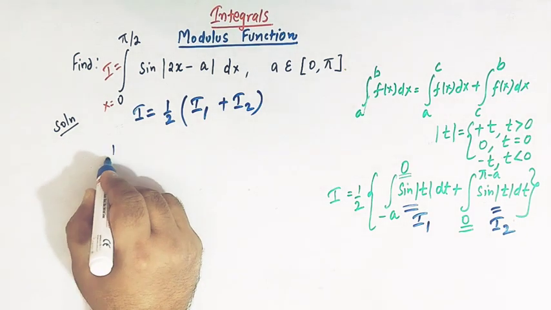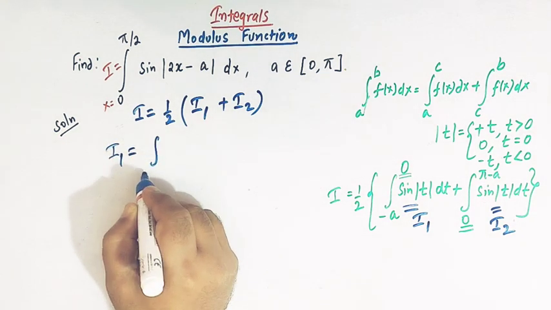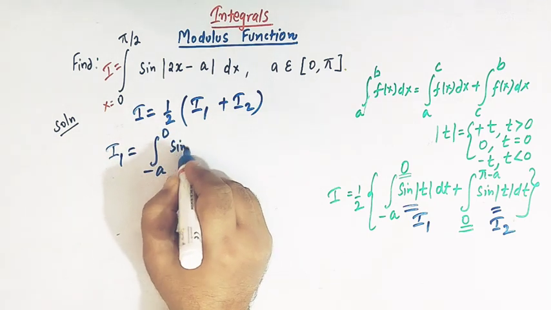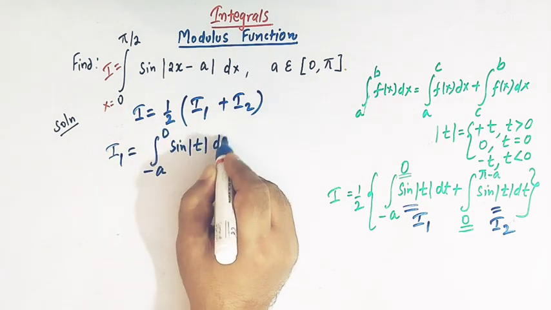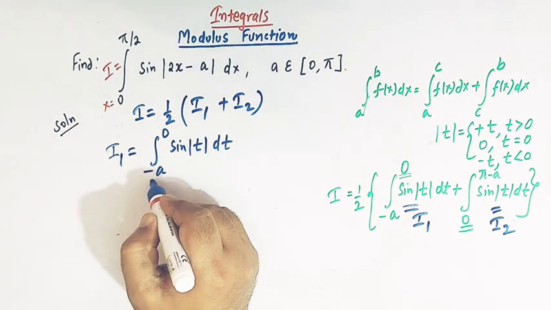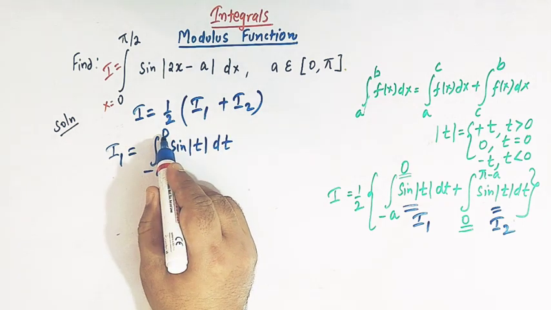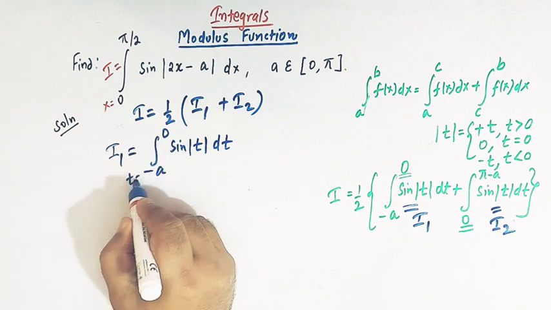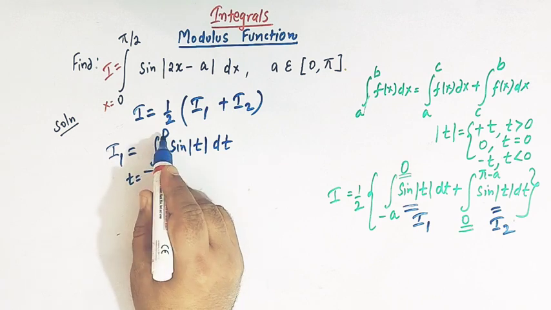So I1 is integral from minus a to 0, right? And we have sine of mod of t dt, right? Now see, here we have minus a to 0. So all the values are negative because t goes from minus a to 0.